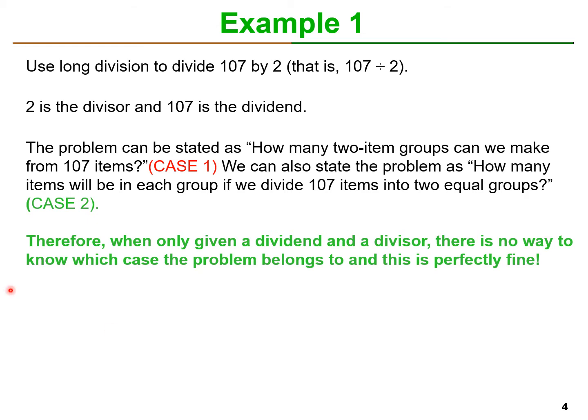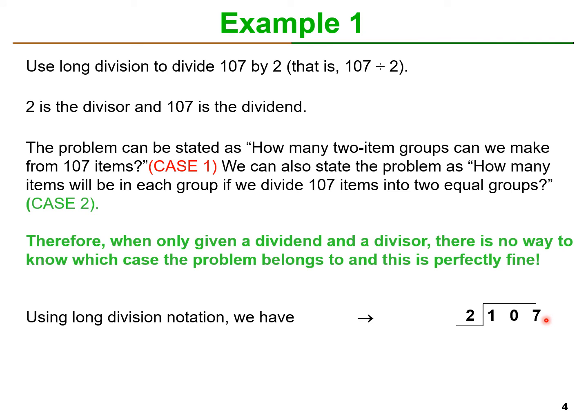When only given a dividend and a divisor, there is no way to know which case the problem belongs to, and this is perfectly fine. Using long division notation, we put the 2 where the divisor goes, and we put the 107 where the dividend goes.